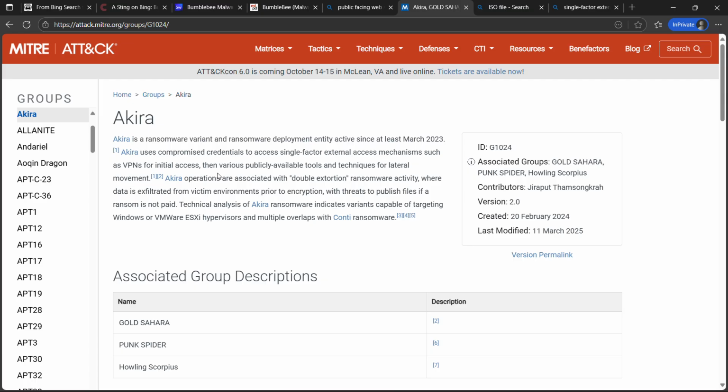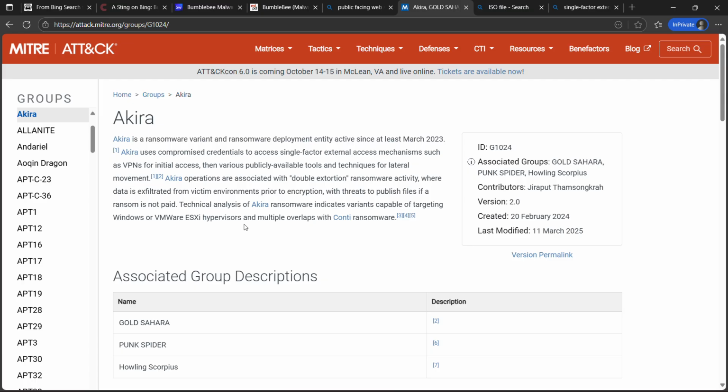Okay. Akira operations are associated with double extortion ransomware activity, where data is exfiltrated from victim environments prior to encryption, with threats to publish files if a ransom is not paid. Double extortion.